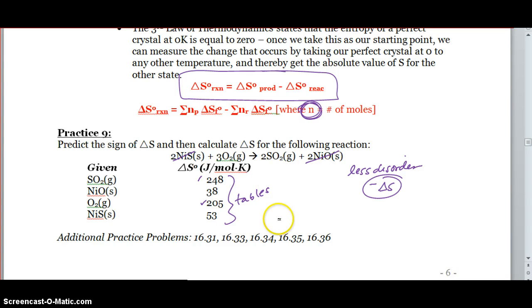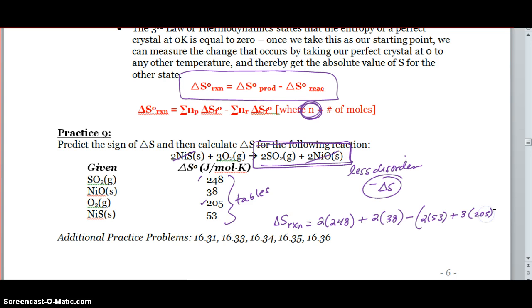So when we go to do our delta S for the reaction, we start with our product side. So don't forget it's products minus reactants. So we'll do 2 times SO2's value, which is 248, plus 2 times nickel oxide's value, which is 38, and then minus 2 times nickel sulfide, which is 53, plus 3 times oxygen's value, which is 205.